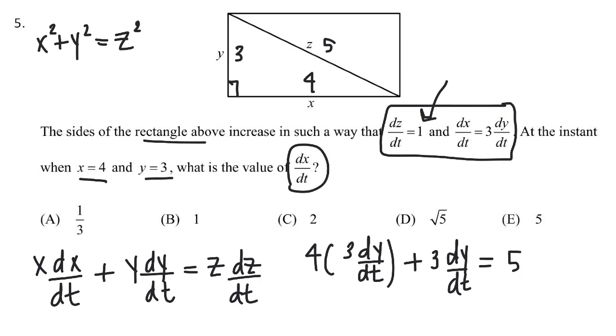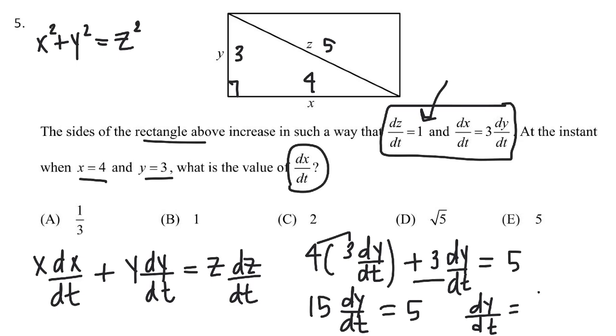And so notice here I have 12 dy/dt's, but then I have 3 more over here, so we can just collect our like terms and have 12 plus 3, or 15 dy/dt's equals 5, and if we divide both sides by 15, notice we have dy/dt equals 1/3.